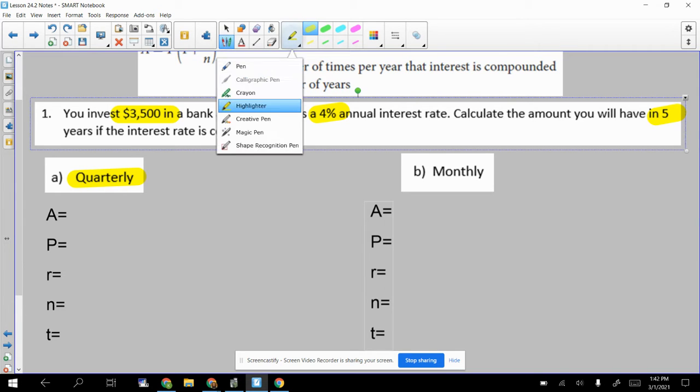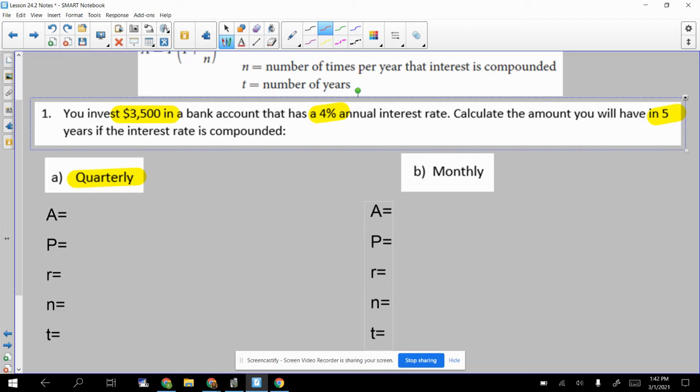So let's go ahead and fill those in now. You invest $3,500. That is your initial amount, so that is going to be your P value, $3,500. Then you have a 4% interest rate, but remember that has to be as a decimal, so we need to move that 2 places, so 0.04. Then your t is the 5 years.